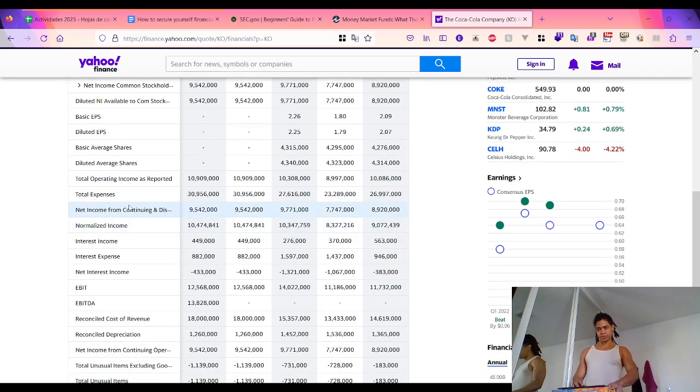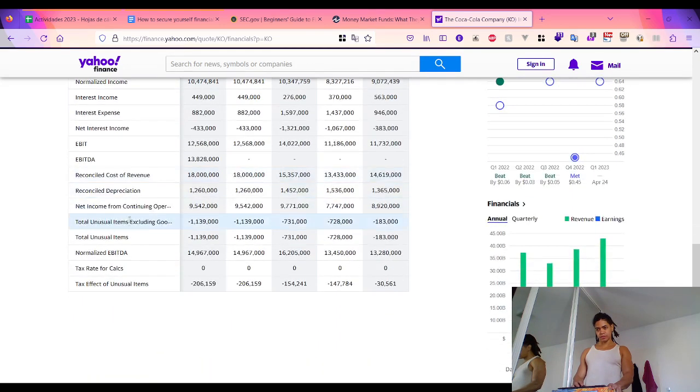They add another expense here: total expense, net income, normalized income, interest income, and interest expense. Reconciled cost of revenue, reconciled depreciation. Here is when they take depreciation into consideration. Net income from continuing operations, total unusual items excluding, tax rate for calc, tax effect of unusual items.